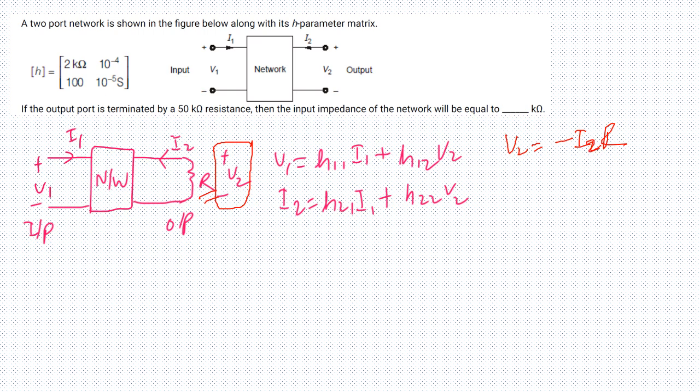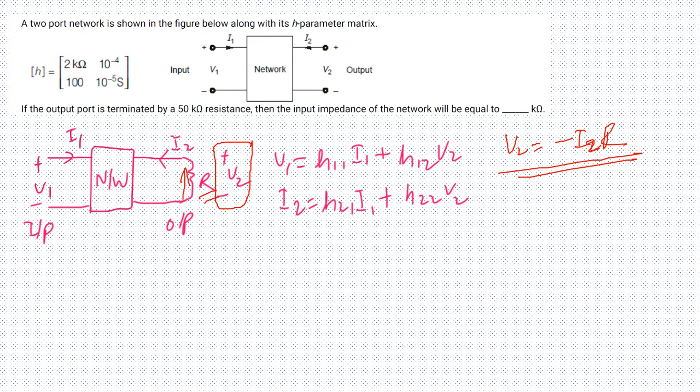Because the polarity of V2 is opposite to that of the drop across the resistance, since the current is flowing this way. The drop is opposite to the voltage we have conventionally taken. Please be careful here while writing the polarity. It's not I2 into R, it's minus I2 into R.